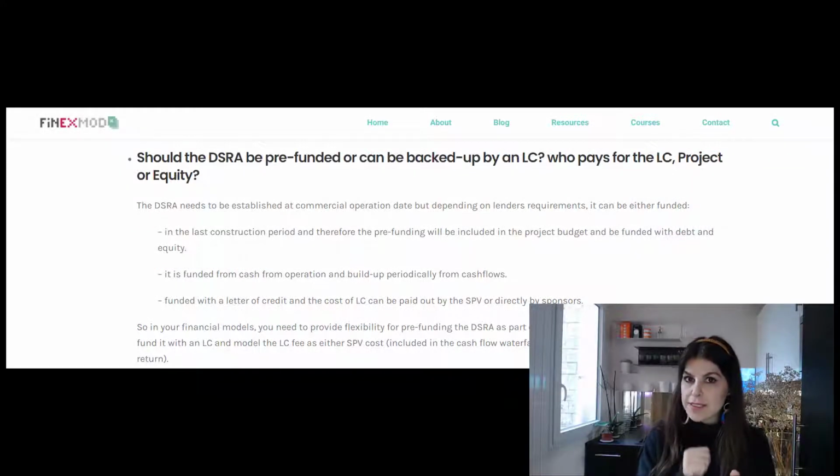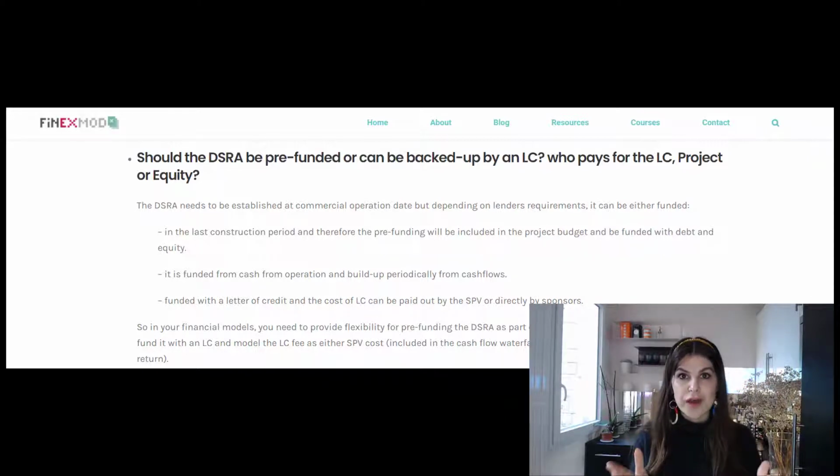Okay, so the next question is how this reserve account is going to be funded. Who's going to put the money in for this reserve account? There are multiple ways to fund it. Typically, lenders require a pre-funding of the debt service reserve account.